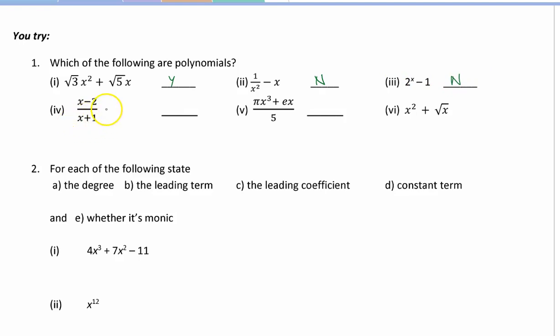An x cubed is fine, an x to the 1 is fine. An x with a fraction index is a no. So just reinforcing that the indices on the x can't be a negative or a fraction. I think that's the easiest way to remember them.